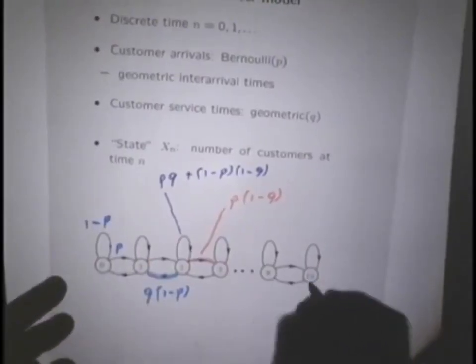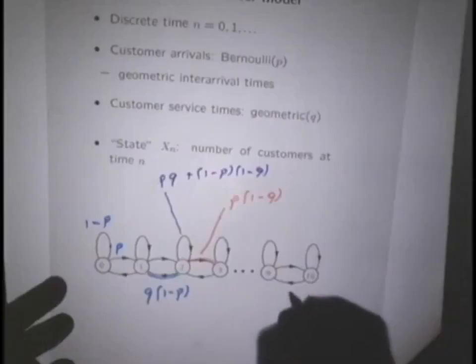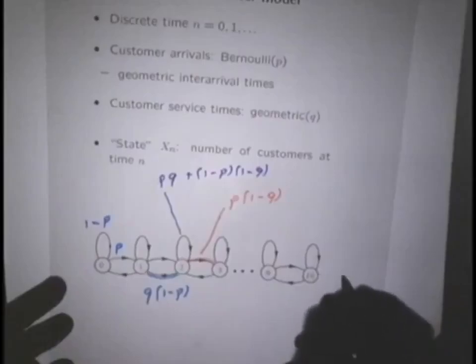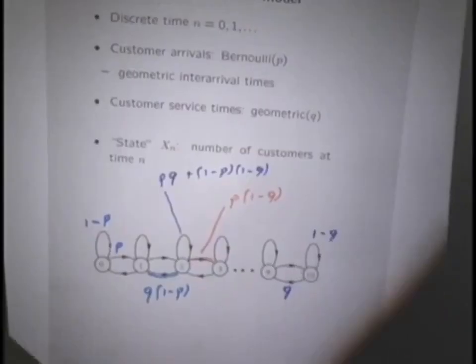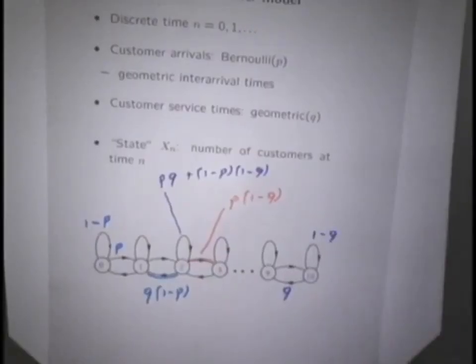Similarly with departures, if the system is full, there's no room for another arrival, but we may have a departure that happens with probability Q, and nothing happens with probability 1 minus Q. So this is the full transition diagram annotated with transition probabilities.